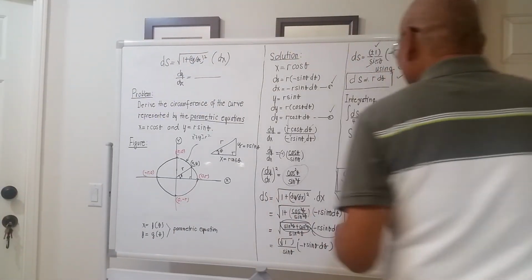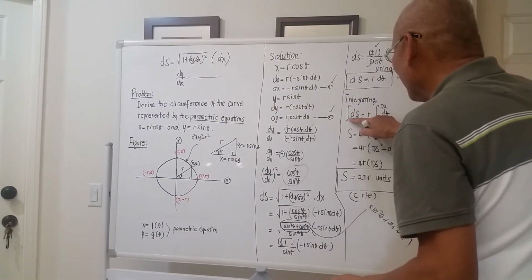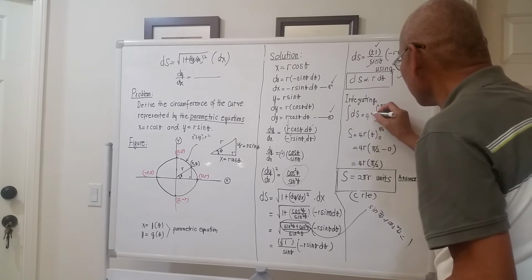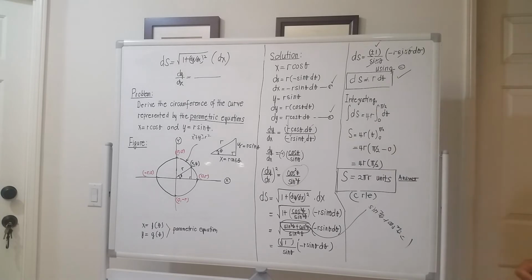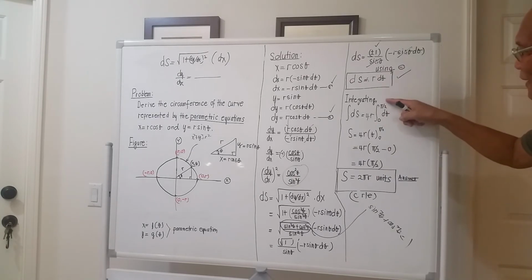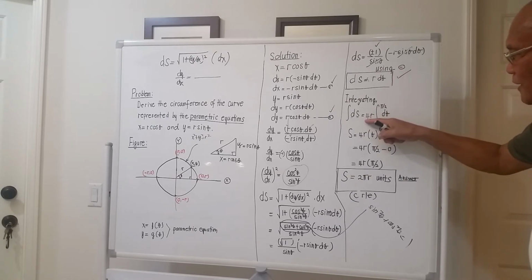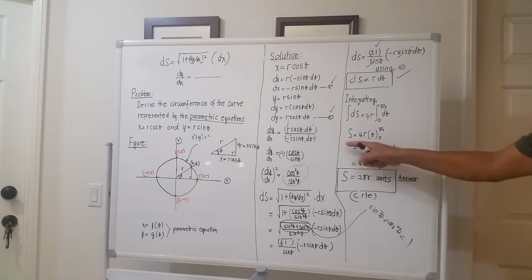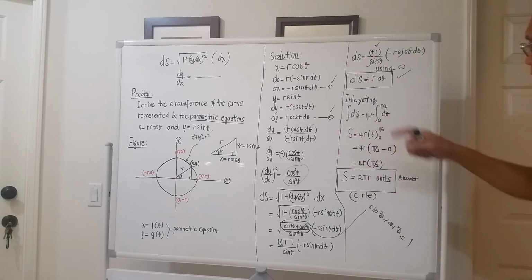If you don't want the over 4, you multiply this by 4, then this is r. The limit will be from 0 to pi over 2 only, but we multiply it by 4 to complete the total circumference. So S now will be equal to 4r.